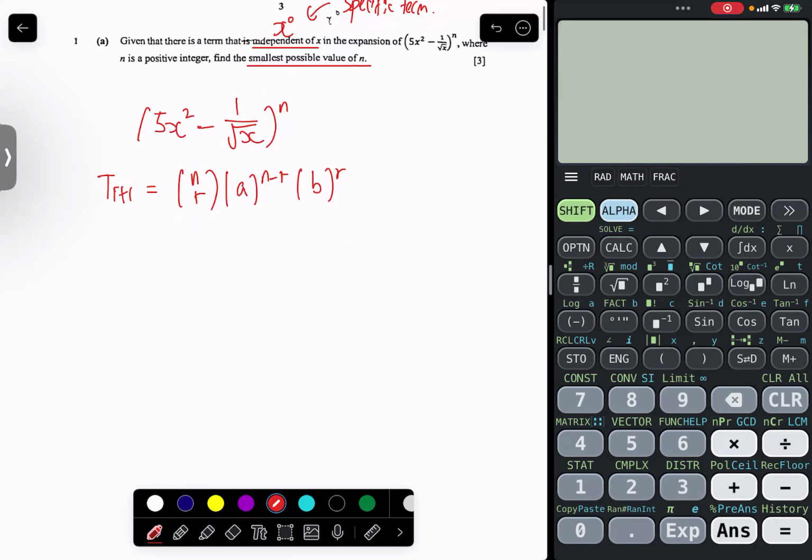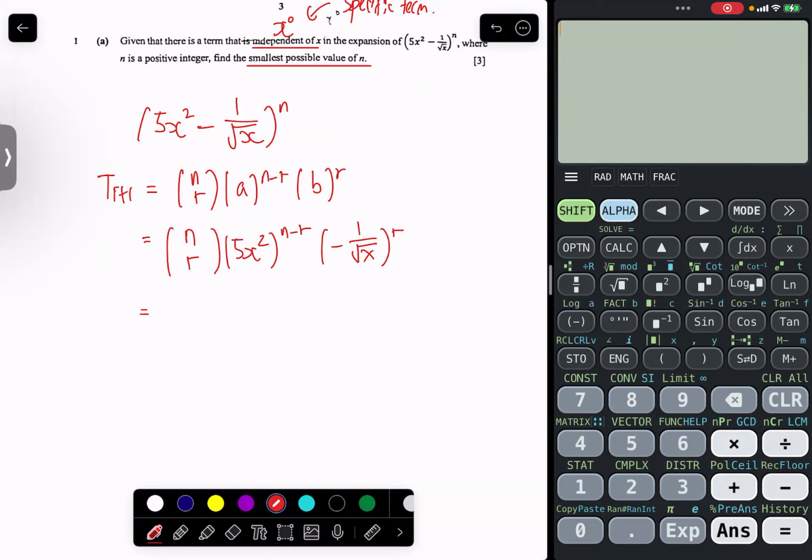Usually we fill in whatever we can according to the question. In this case, however, we have to fill in nCr, because we know nothing about n or r. R is definitely an unknown. a is 5x squared to the power of n minus r, and b is negative 1 over root x to the power of r.